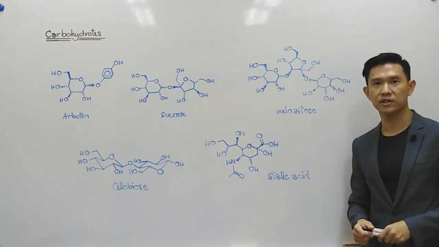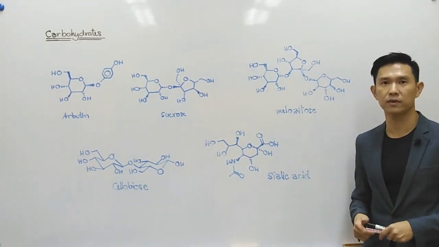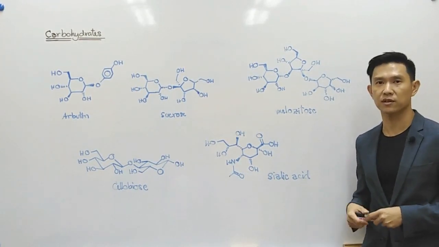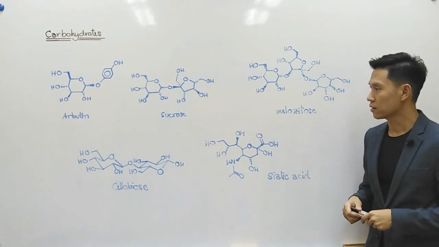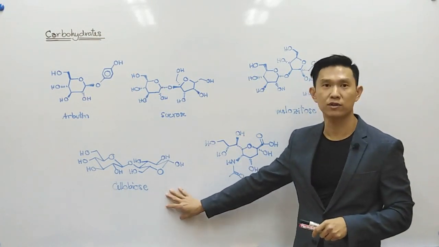Before the end of this chapter, I will have 5 structures of saccharides for you to discuss the properties of. I will show you one of the examples, cellobiose over here.